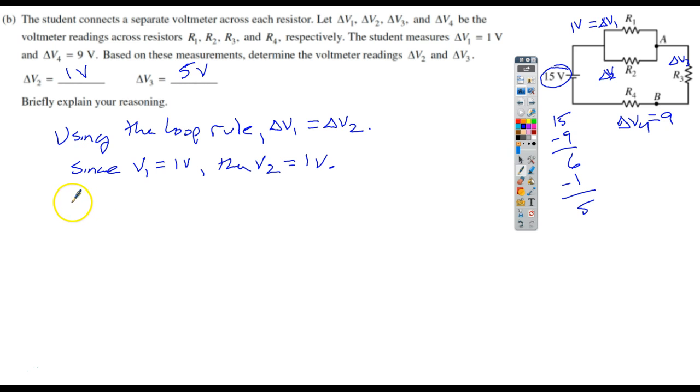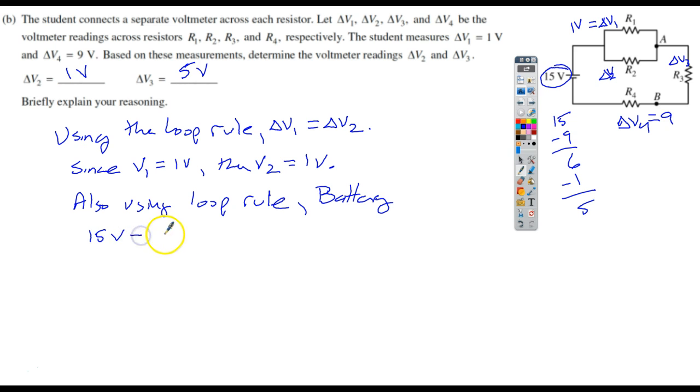Next thing we need to do is explain why we got 5 for this one. Also, using the loop rule, we take the battery, which is 15 volts, minus the change in potential for number 4, which we know is 9 volts, and then we can take the change in potential for the parallel part of the circuit, which we know is 1 volt, and that is equal to 5 volts.